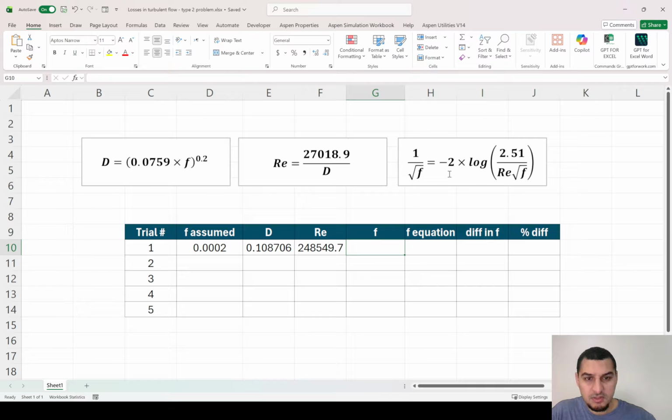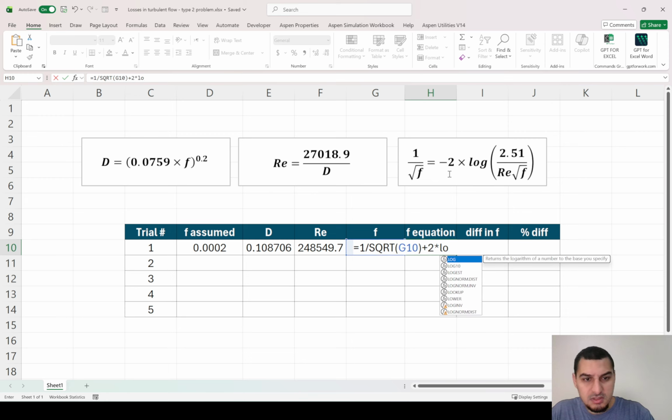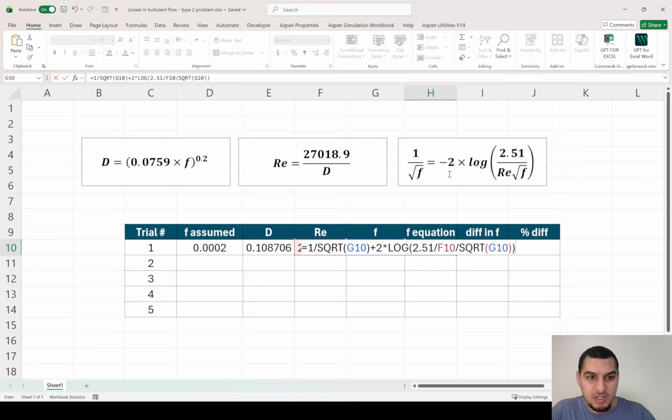The friction factor can be calculated from this equation, so we'll assume any value, let's say 0.001 for example, and then the equation is 1 over square root of this friction factor plus 2 times log of 2.51 divided by Reynolds number divided by square root of F. This is the equation.